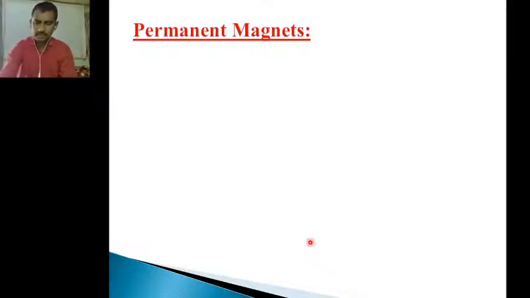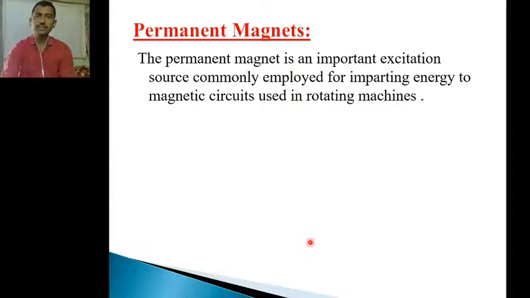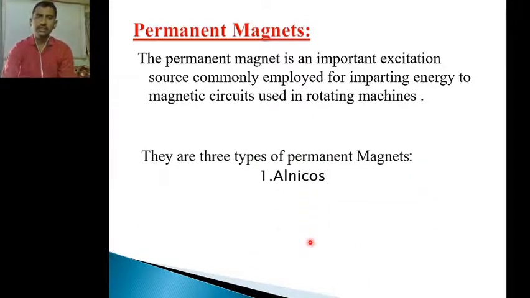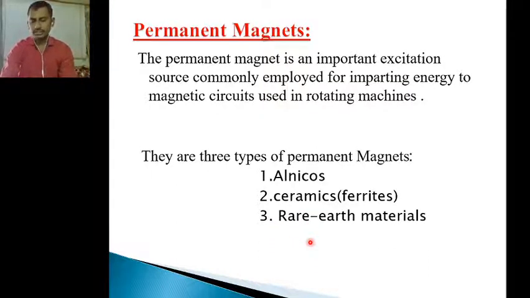Normally these permanent magnets are classified into three types: alnicos, ceramics, and rare earth materials. In this topic, we will see a brief discussion of permanent magnet materials and the use of the different types.